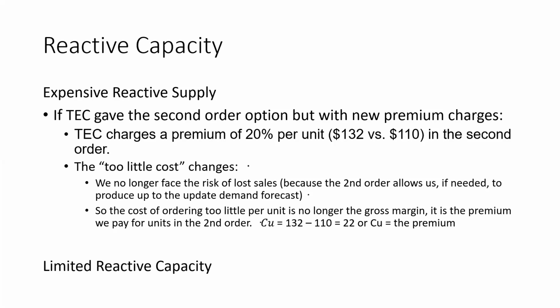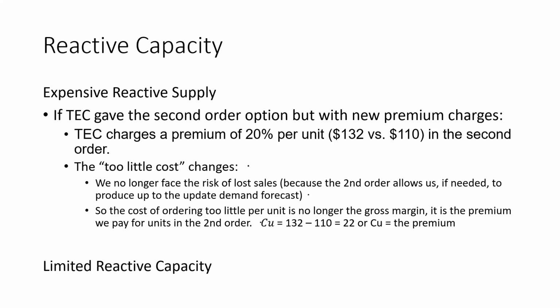you have a one-time purchase, and the cost is 110. But when you add a second order option, you know the demand that exceeds the first order, and then the second order option is to satisfy where your demand is left off.